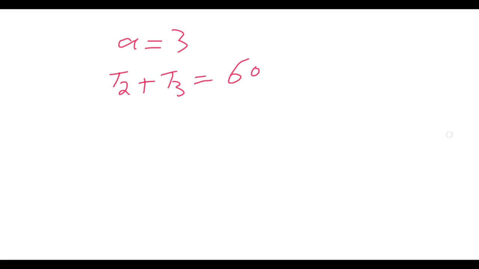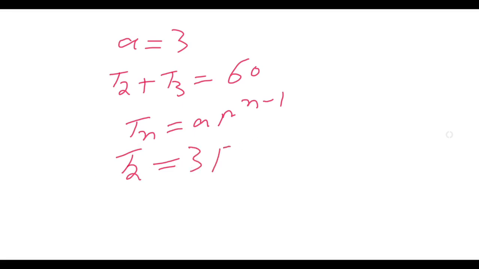If I need to find term 2, we must remember we're going to use the formula Tn is equal to a r^(n minus 1). So if I need to find T2 here, it's going to be a, the first term, which is 3, and the ratio we don't know, and 2 minus 1, that will be 3r.